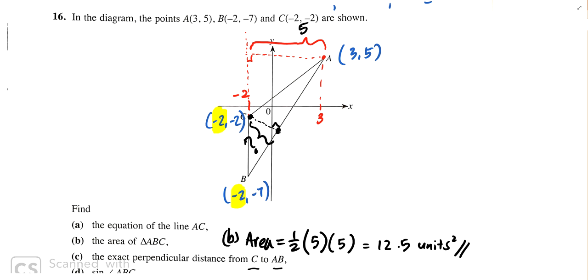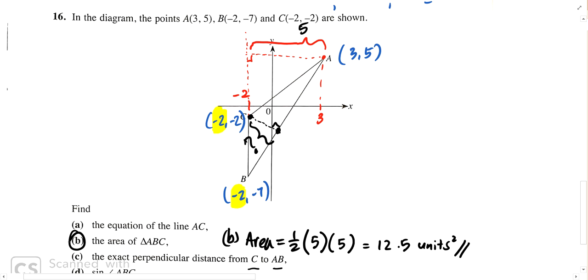But there is another way, which is to use the area of triangle ABC. This is the method that we often use for E-maths, when we try to find the perpendicular distance from a point to a line for triangles like these. So for this triangle, we found that the area is 12.5 square units.